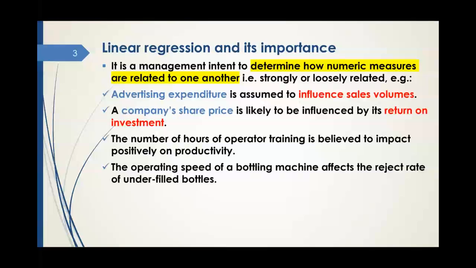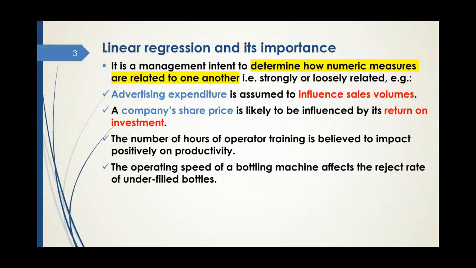And the other variable they have is return on investment for that specific company. So if your return on that investment increases, then the share price will increase. If the company's share price increases, is that going to have an influence on the return on investment?